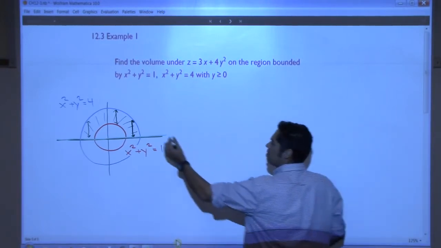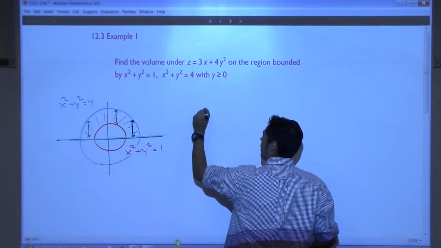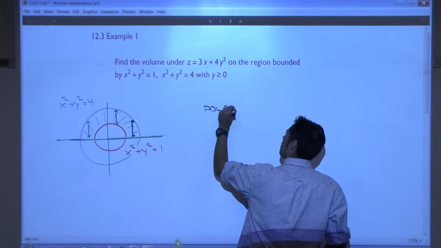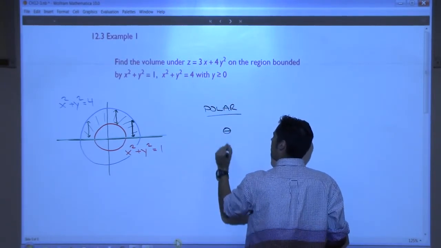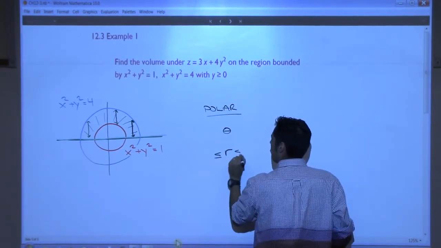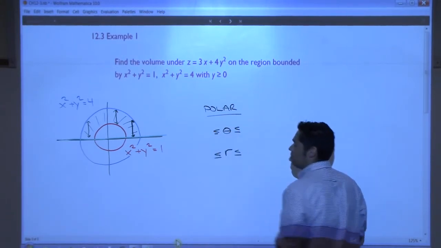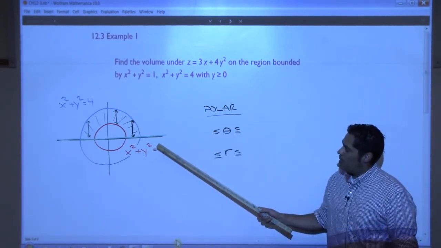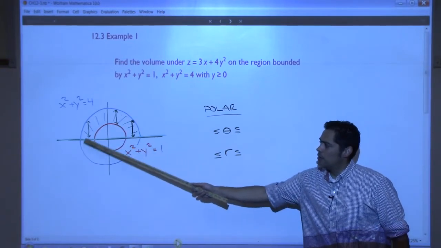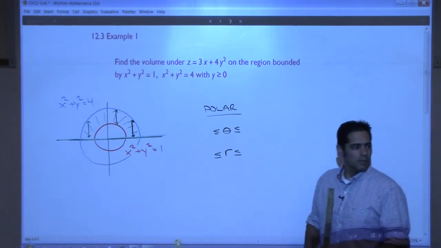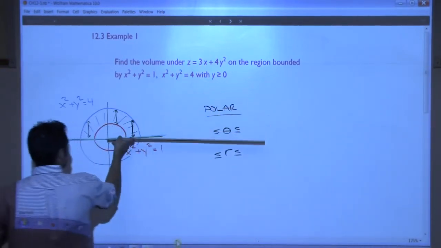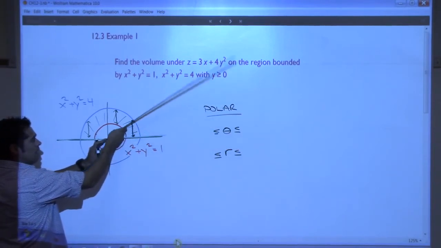So in terms of this region, give me that in polar. What is the restriction on theta and the restriction on r that would draw that same region? So how about theta? How are you going to draw all the points in here? You're only allowed to point between 0 and pi.